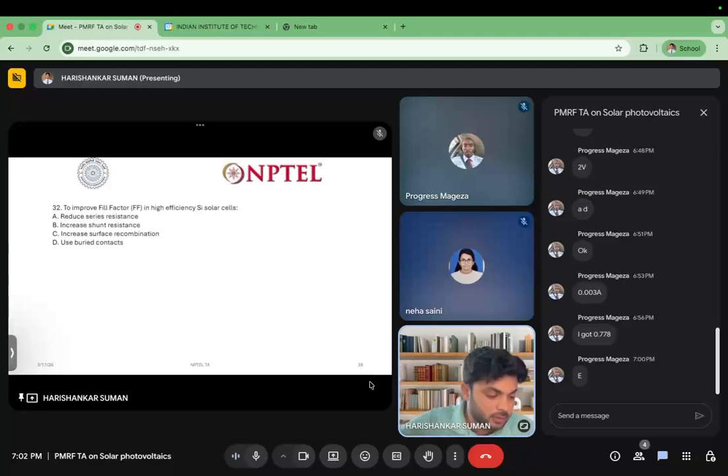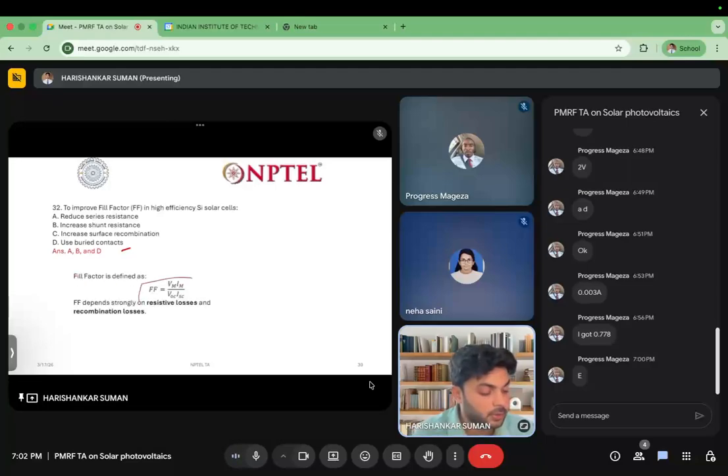Since shunt and series are given here, first focus on what the shunt resistance should be. Shunt should be infinite, series should be 0, no? So increase the shunt resistance is one way, reduce series resistance is another way, and also we can use better contacts to improve the collection. Okay, and for fill factor this is the formula, please remember this also.